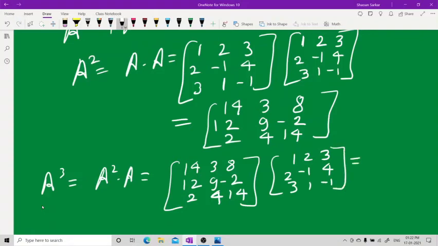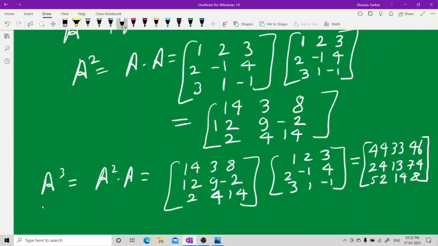I am not doing the multiplication, you will get the answer straight away: 44, 33, 46, and then 24, 13, 74, and 52, 14, 8.